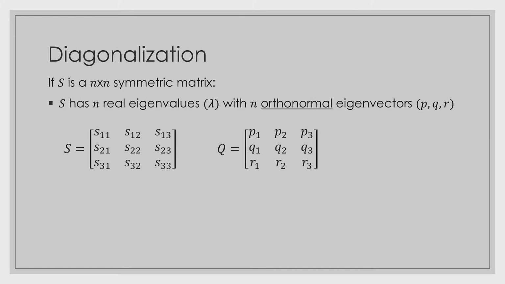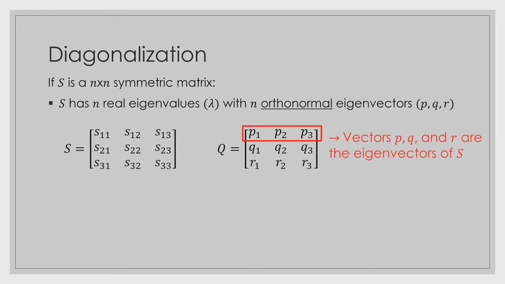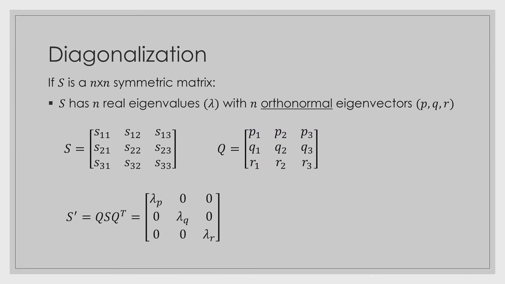So let's say we have a matrix S, which is the very typical standard matrix, and we have Q. Now, Q is going to be special because it is a coordinate transformation matrix, but the rows of Q are the eigenvectors of S. So if we know the eigenvectors P, Q, and R, then we can have a specific coordinate transformation matrix made up of those eigenvectors. And if we were to change the basis using this matrix Q, we go S prime is equal to Q S Q transpose, and what we'll end up with is a very special matrix, a diagonal matrix.